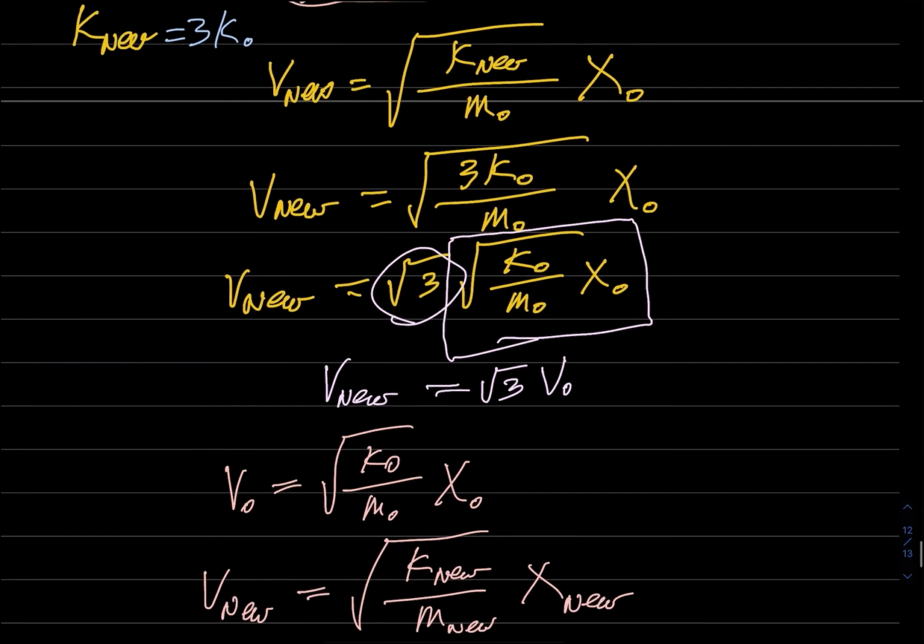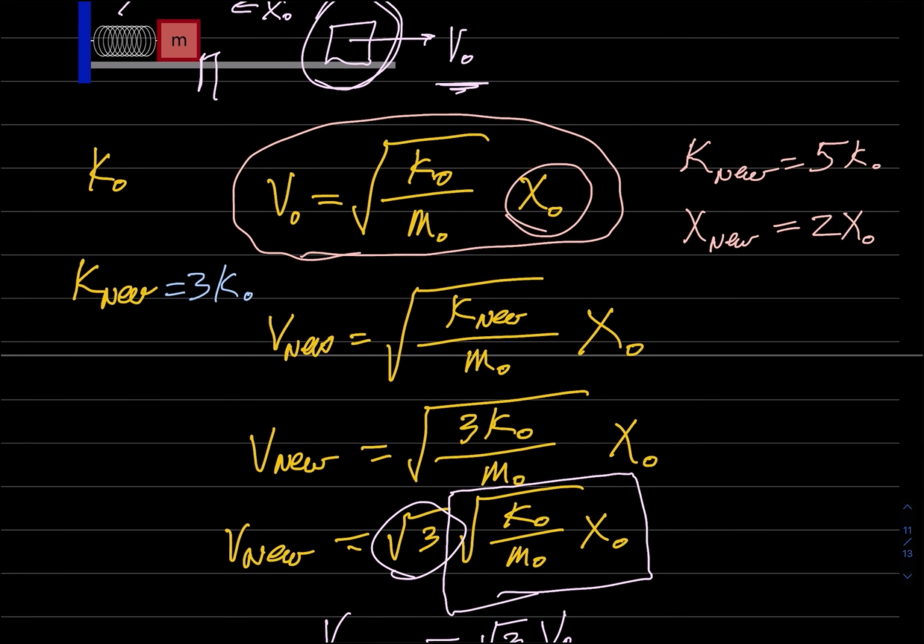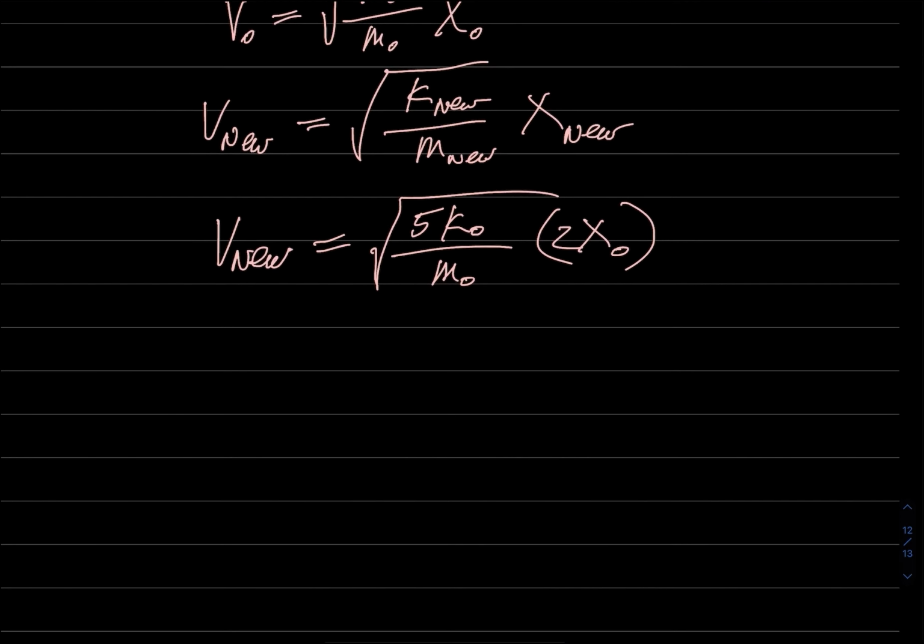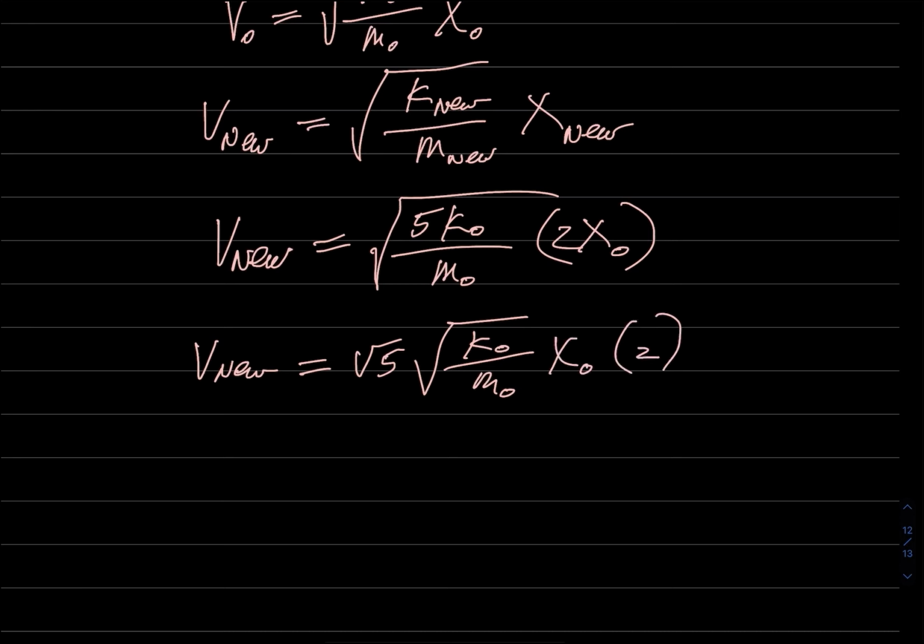Did we get that right? 5 times the old spring constant and 2 times the old displacement. Now just do the math. v new equals square root of 5 times the square root of k sub naught over m sub naught times x sub naught times 2, and all that equals 2 square roots of 5 times v sub naught.